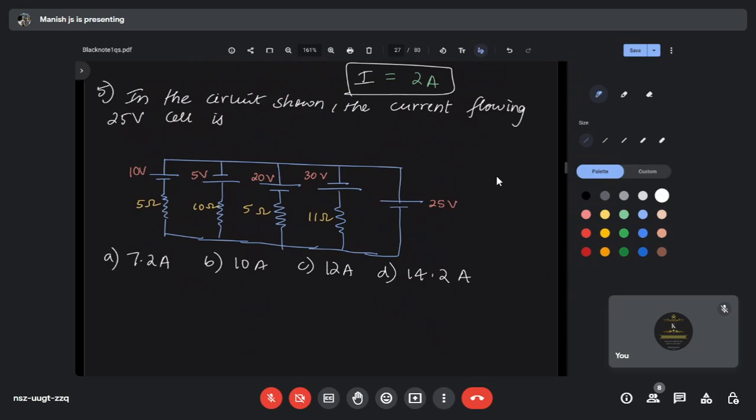For this we should go for a circuit analysis.